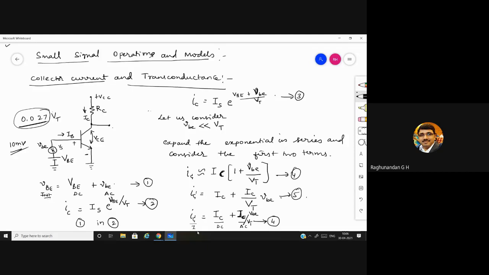Now compare this with our instantaneous equation, small i equal to capital IC plus small ic. Take this as equation number 5. On comparing equations 4 and 5, what will be the AC current we get?